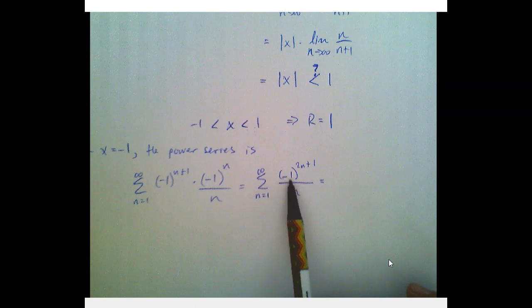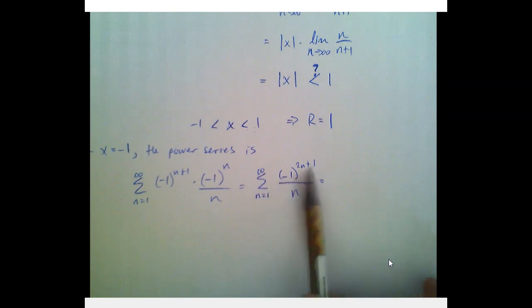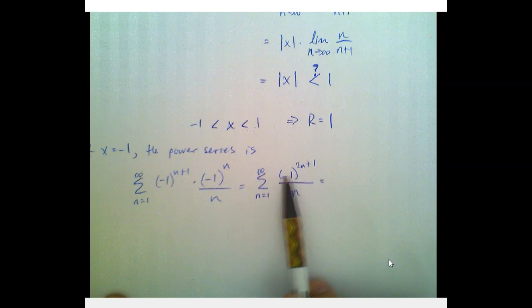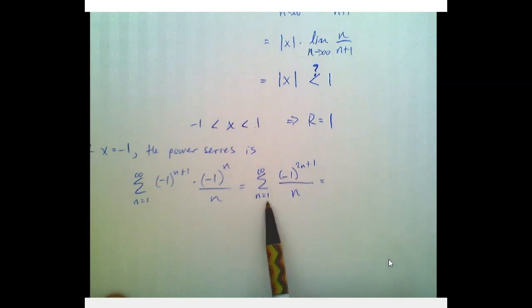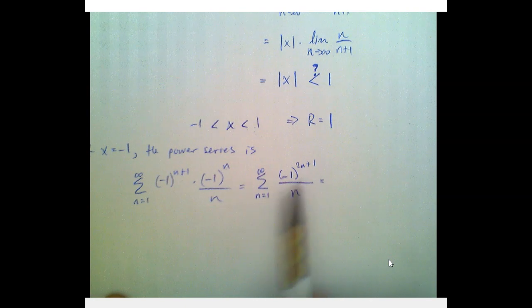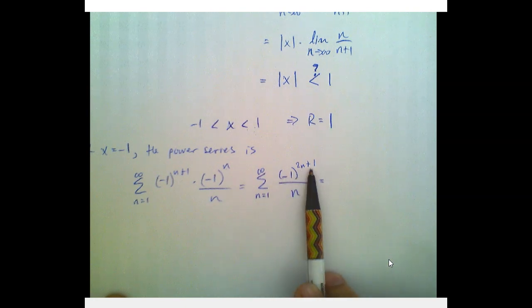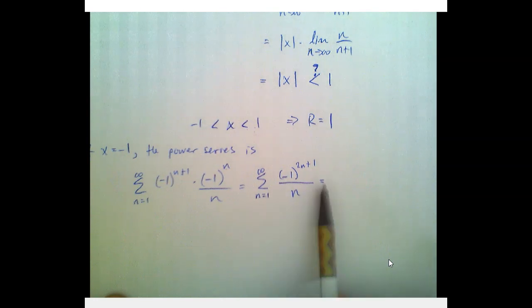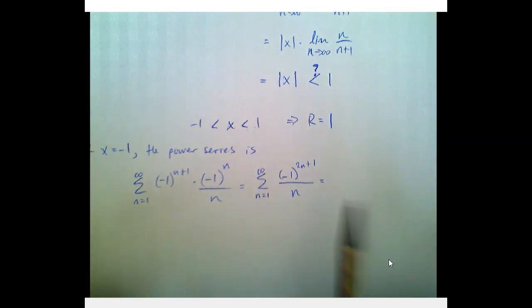Notice that if we were to write out some terms of this series, note what we would get. If n is 1, we would get negative 1 to the 3rd power over 1, so that would be negative 1. If n is 2, we get negative 1 to the 5th power over 2, so that would be negative 1/2, and so on and so forth, right?